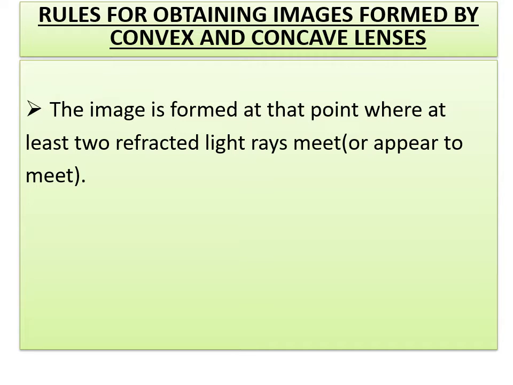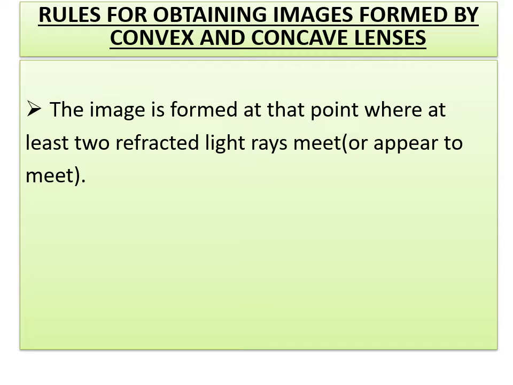Easy to draw means the bottom of the object is always assumed to be on the principal axis of the lens. This point you have to remember, children. So any of the two following rays of light are usually used to locate the images formed by both the lenses.